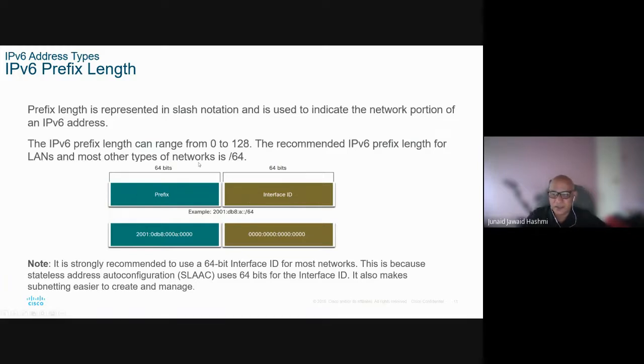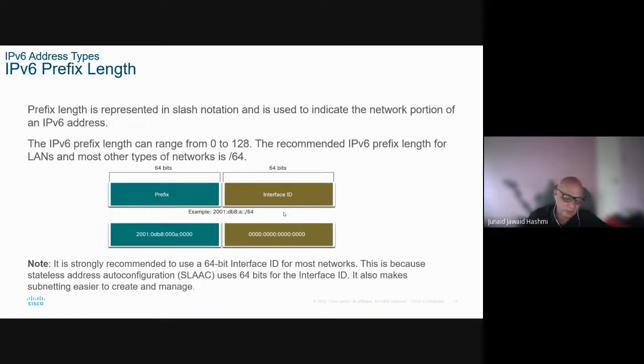So in a typical IP version 6 address, the first 64 bits are part of the network ID, and the other 64 bits are part of the host ID.